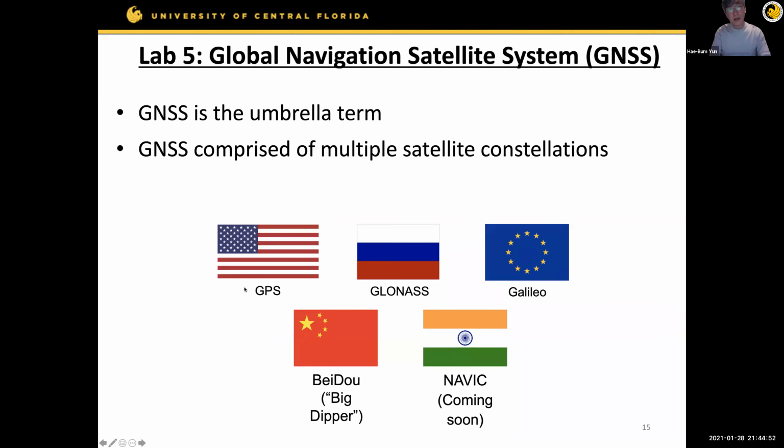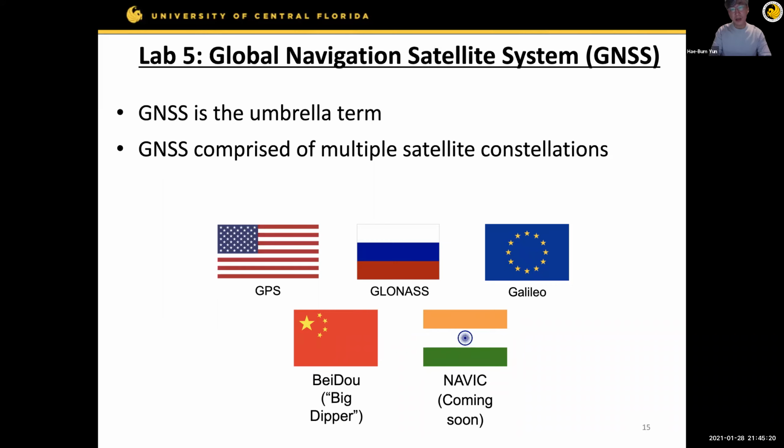Lab 5 is about the GNSS. GNSS stands for Global Navigation Satellite System. Someone may ask, what is the difference between GNSS and GPS? GPS is one type of satellite system owned by the US.